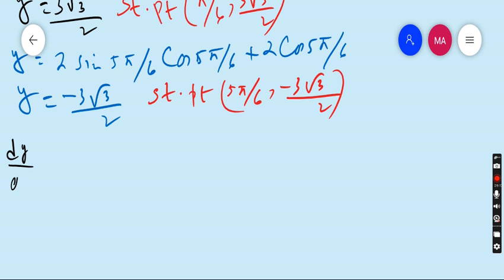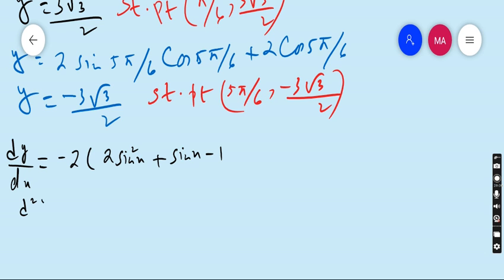So dy by dx is equal to minus 2 multiplied by 2 sin square x plus sin x minus 1.